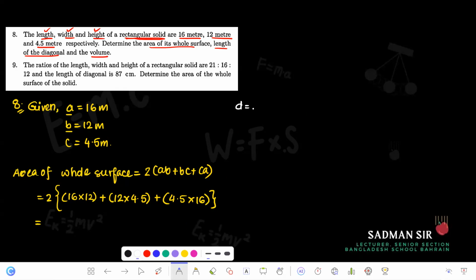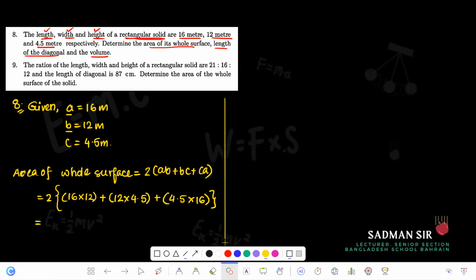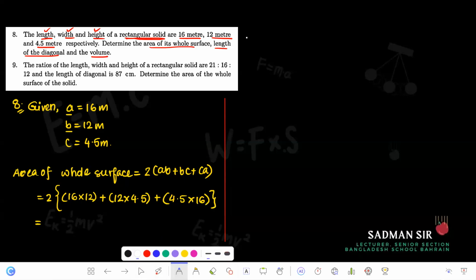Diagonal. They told us to calculate the diagonal. The calculation, 636.